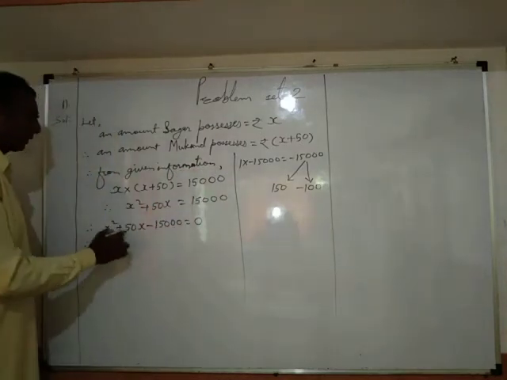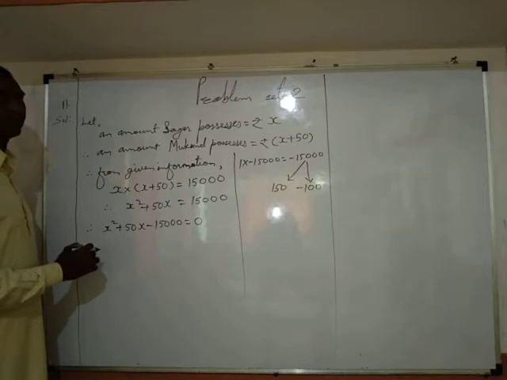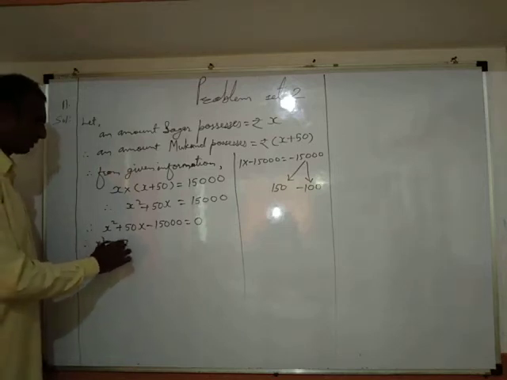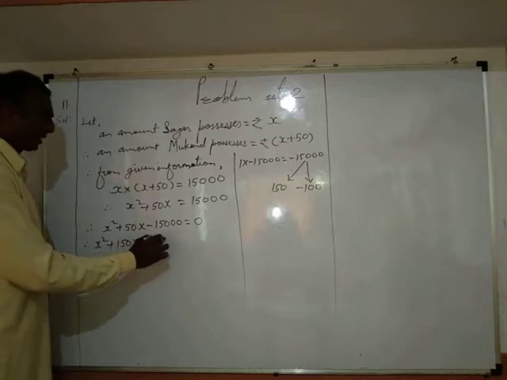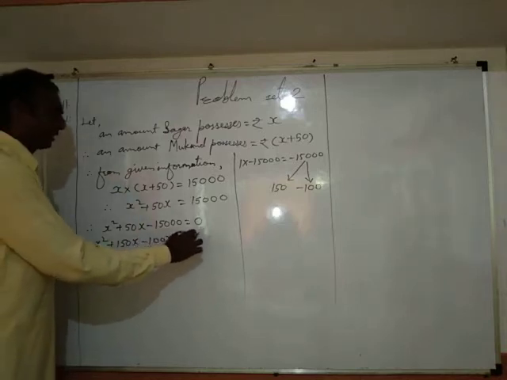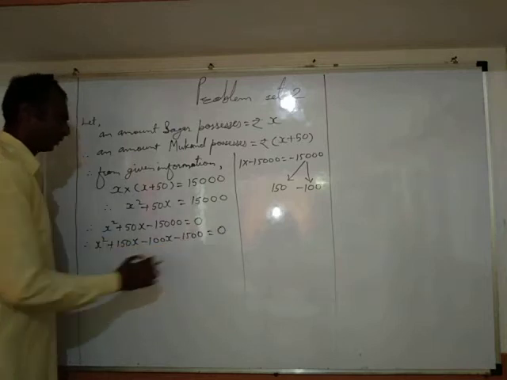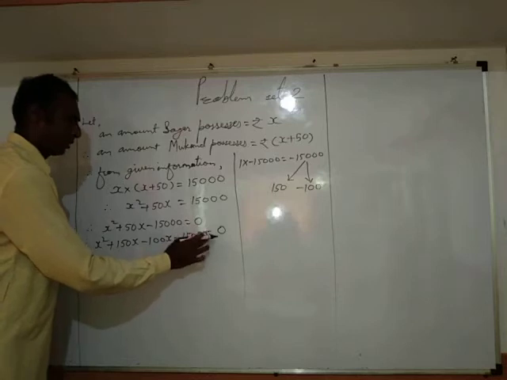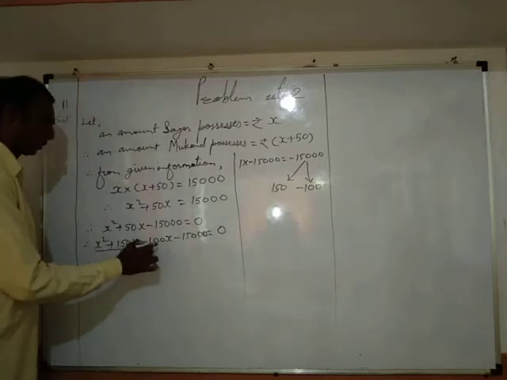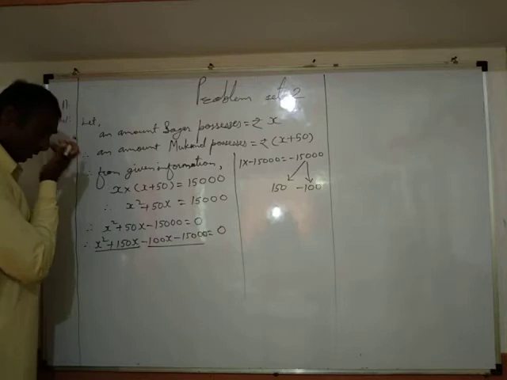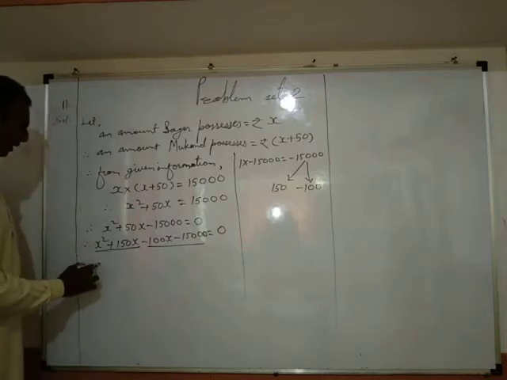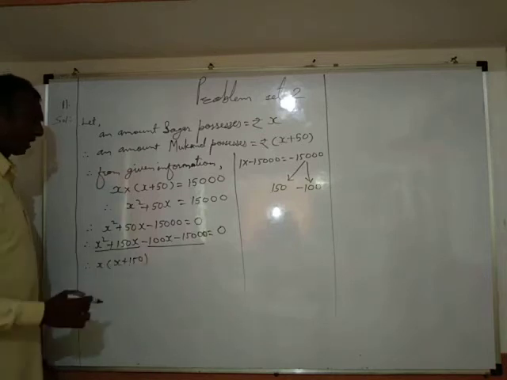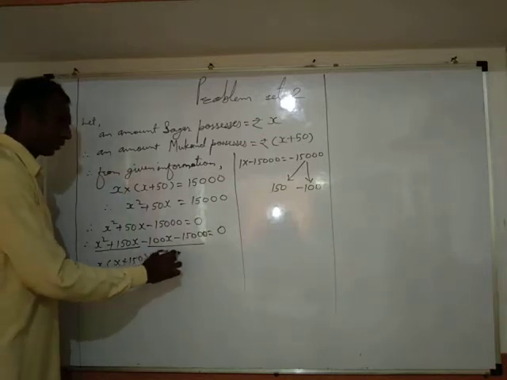And therefore, let's split the middle term as 150x minus 100x. Therefore, it will be x square plus 150x minus 100x minus 15,000 equal to 0. Now, group the first two and the next two. From the first group, we may take out x common, therefore in the bracket x plus 150. From the next group, we may take out minus 100 common.